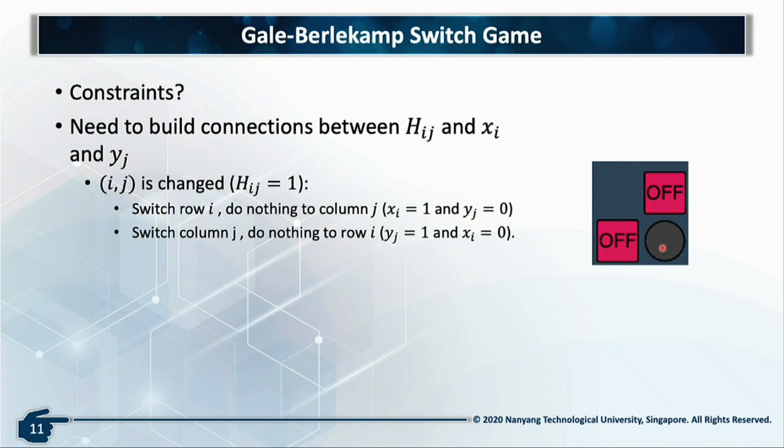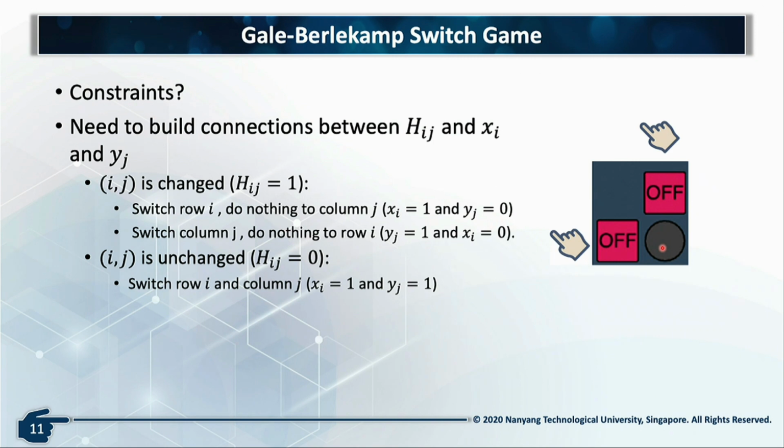But on the other hand, if you switch both row I and column j, what happens? If you switch both row I and column j, the light states will change from off to on, and then from on to off, in the end, it remains unchanged, right? Clear? If you switch both of them, then the light states will remain unchanged in the end.